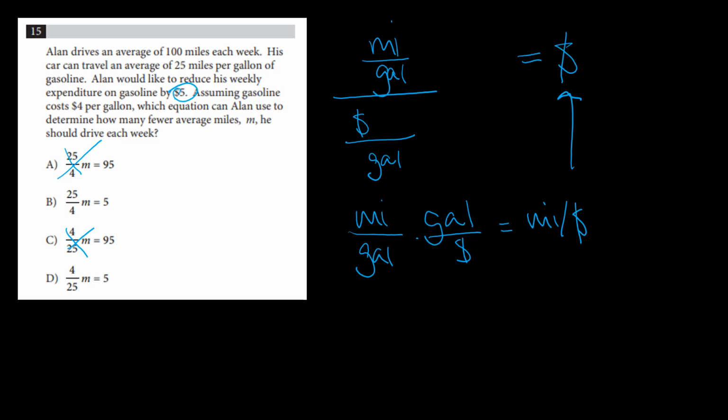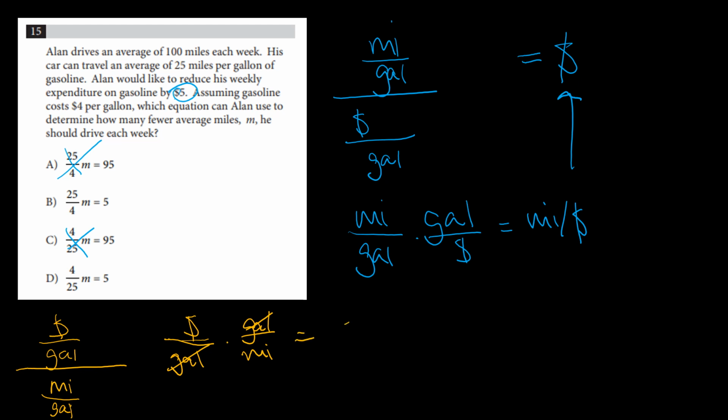I'll come right down here. We're going to have dollars per gallon over miles per gallon. Now if we flip that up and multiply, dollars per gallon times gallon per mile equals $5 per mile.